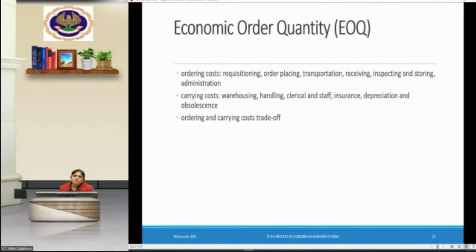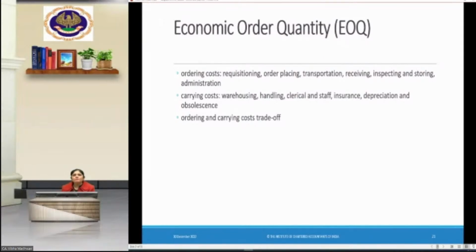The levels of stock tell you how much to maintain in the inventory. How much is the maximum level which you should maintain? You should not overstock. Minimum level tells you how much you should maintain at all times. So the levels of stock tell you when to purchase and how much stock to maintain. Economic order quantity or reorder quantity tells you how much to purchase.